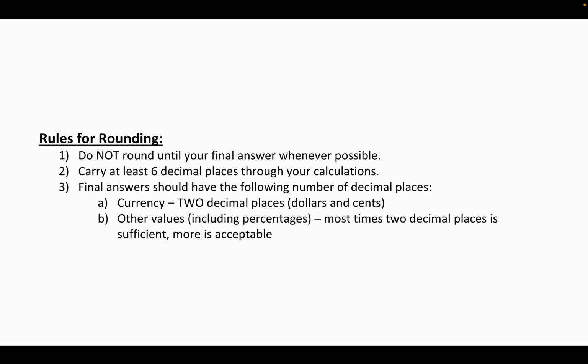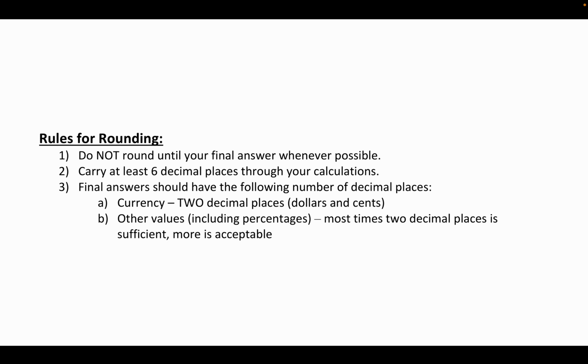And we round our final answers in this course. So this is very important, and you will lose marks if you are not doing this properly. So anything that is a currency answer, so dollars is a big part of what we do. So we want to represent dollars and cents. We want to be rounding these to 2 decimal places.